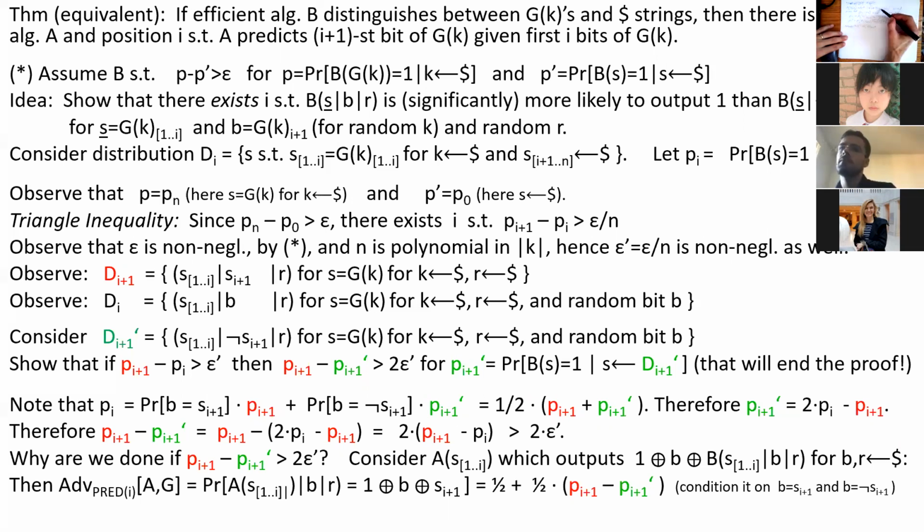So he feeds him this string, he feeds him a random bit, then he feeds him a random rest of the string. And we want to measure what's the probability that this B actually outputs a correct bit, which is this one.